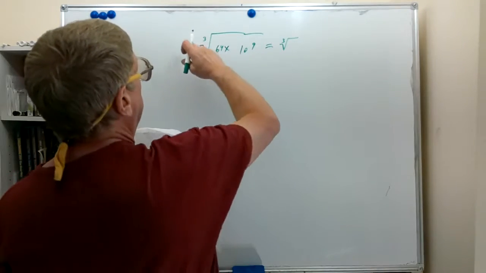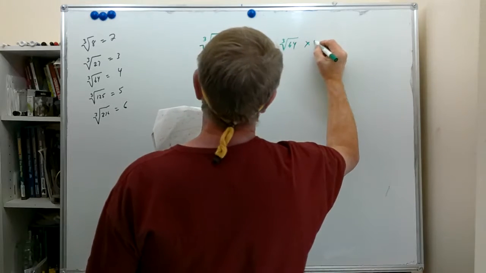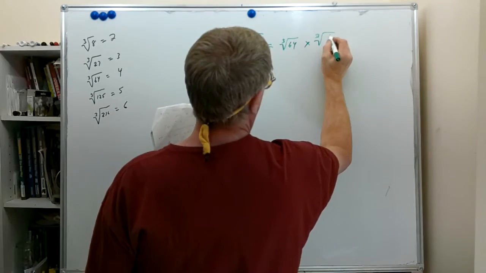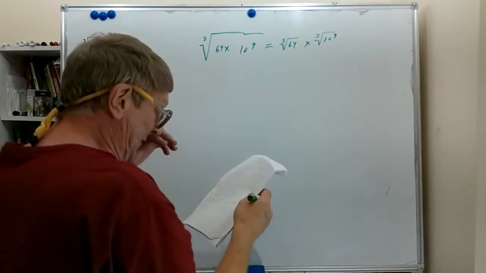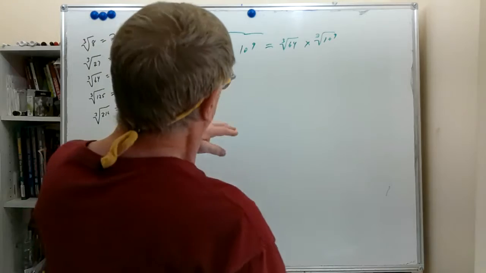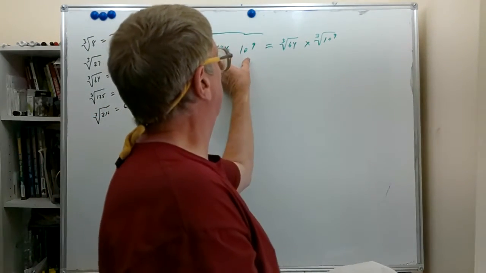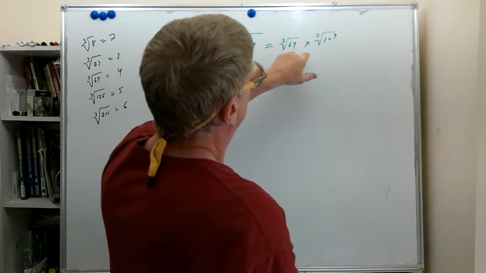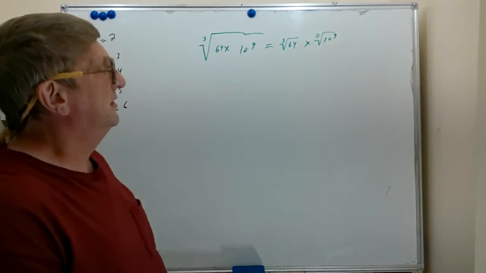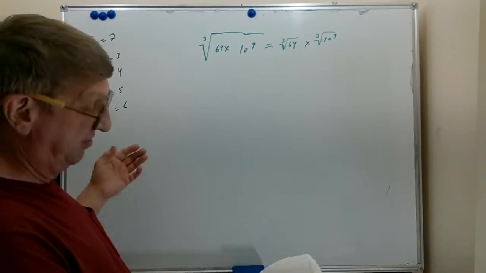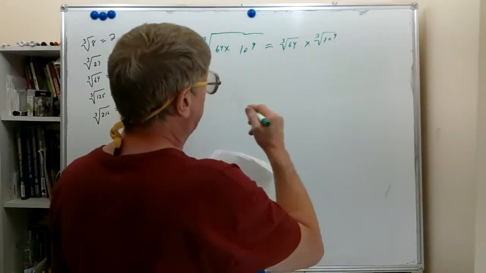Here we got the cube root of 64 times the cube root of 10 to the 9th. Here's a product, and this is the root of this product. Here is a root, and here's a root. This is the product of the roots. Separating them out under separate radical signs doesn't change the value. It's a valid operation.